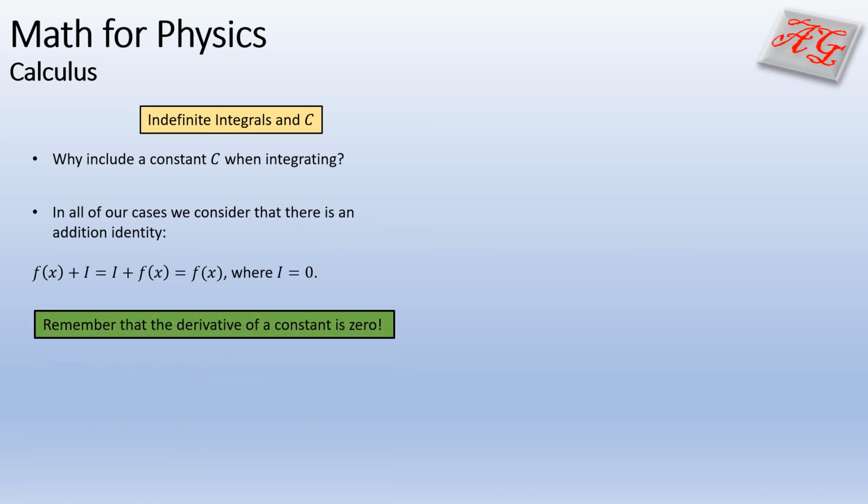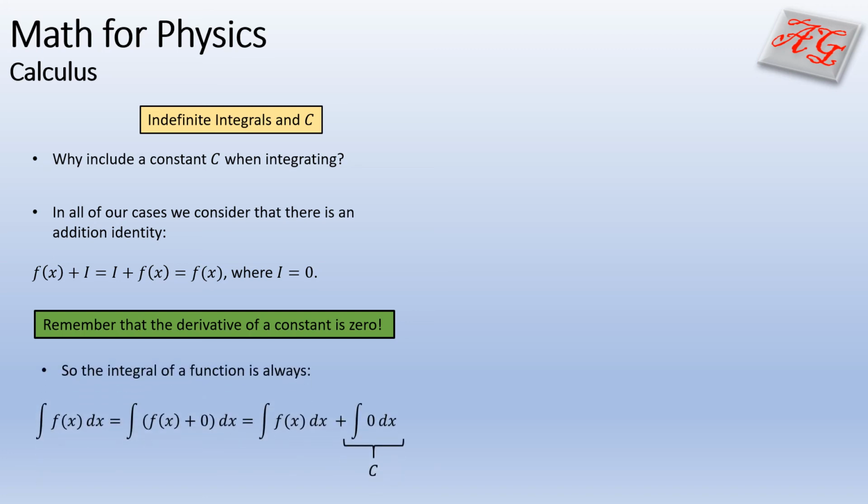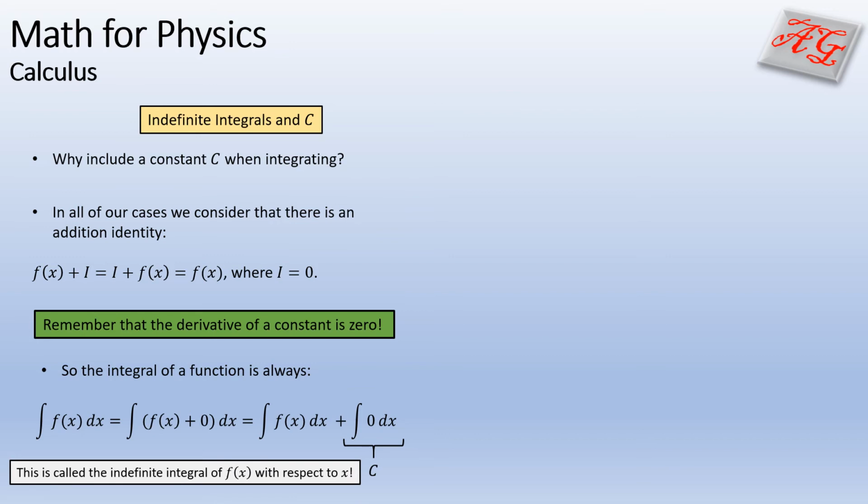So when integrating we must consider this 0, and since the derivative of a constant function is 0, then the integral of 0 is a constant. So when performing the integral we must consider this 0 term just to be consistent, and this is called the indefinite integral of a function.